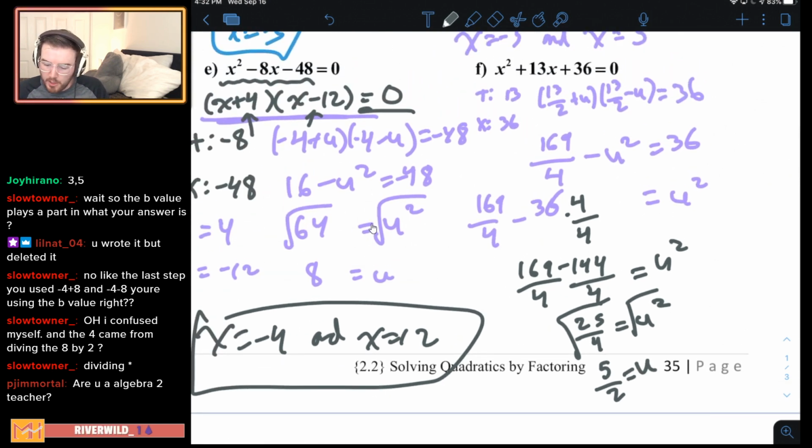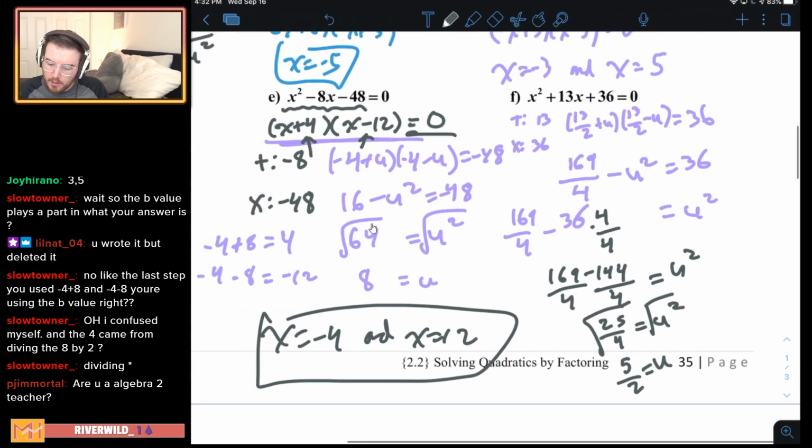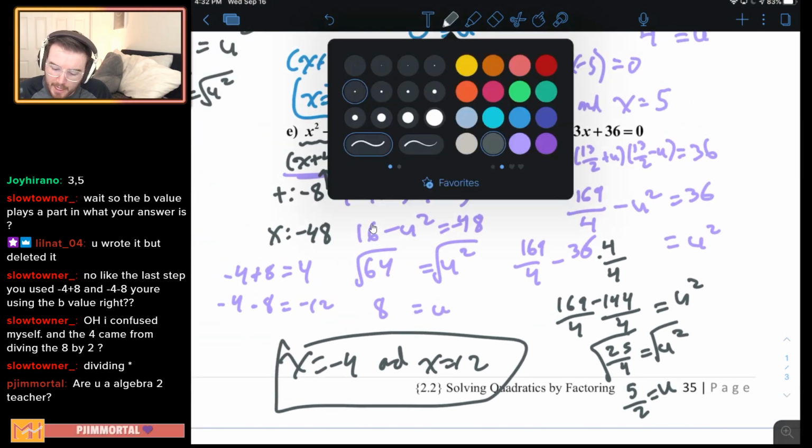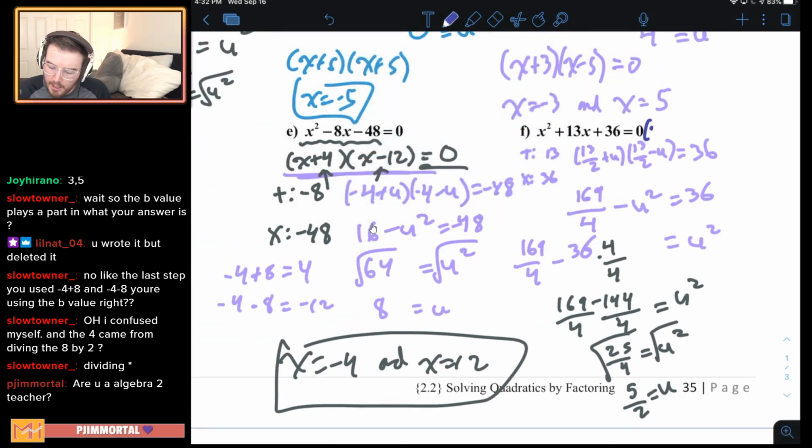So what are my two numbers? Again, I'm trying to factor this into x plus or minus something times x plus or minus something. So my two numbers are 13 halves plus 5 halves, that's the first one, and 13 halves minus 5 halves.